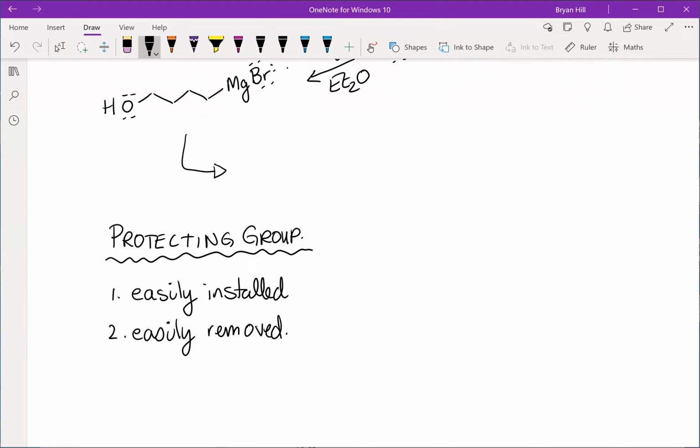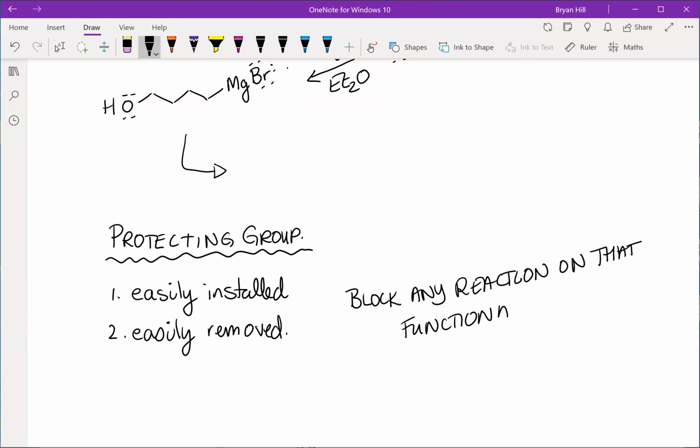So the purpose is basically to block any reaction on that functional group.